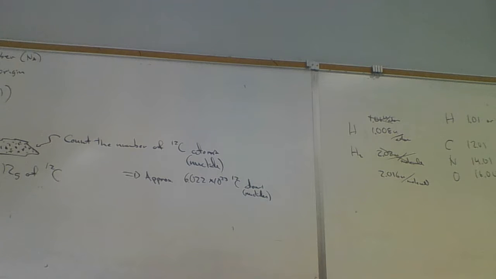So here we see 6.022, et cetera. What we're going to use is 4 sig figs, 6.022 times 10 to the 23rd.